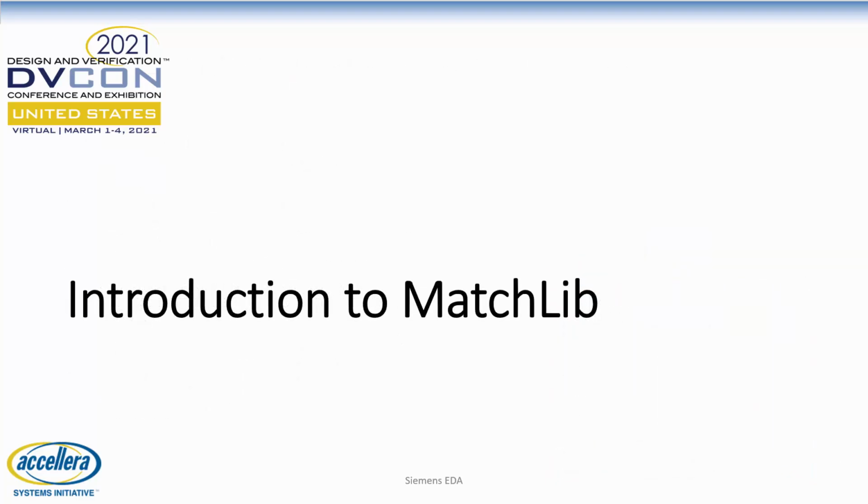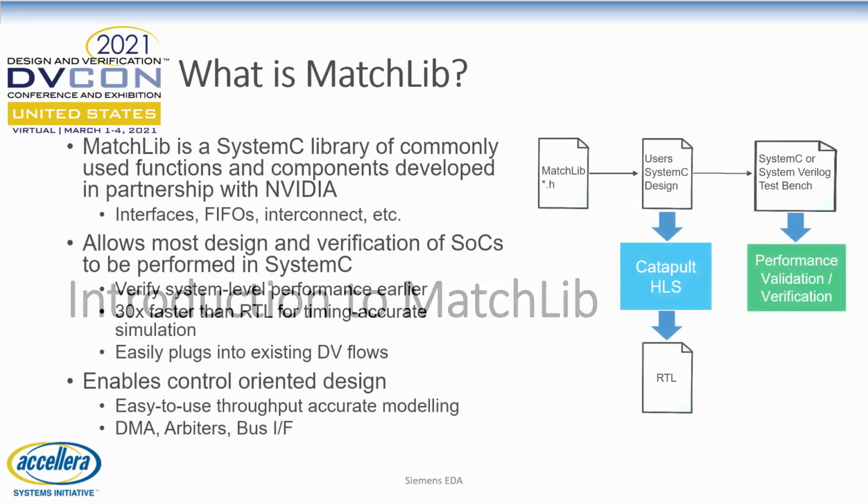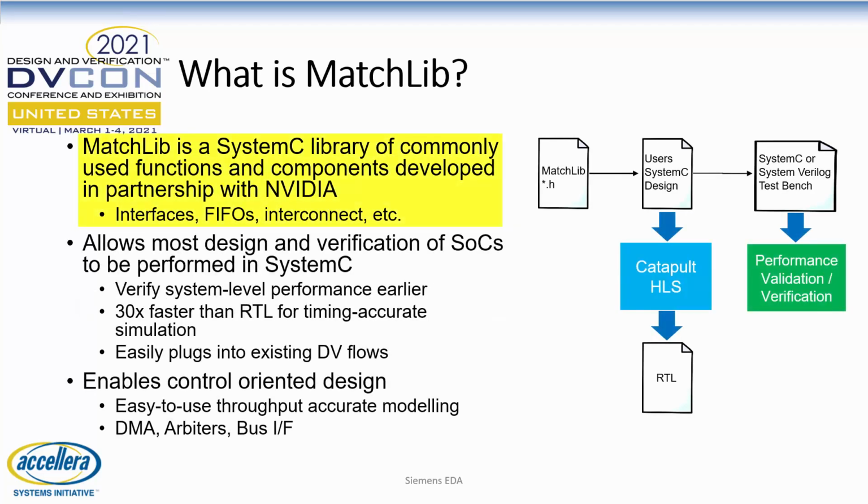We will now cover an introduction to the MatchLib SystemC library. MatchLib is a SystemC library of commonly used functions and components developed in partnership with NVIDIA. This consists of objects such as interfaces, FIFOs, and interconnects. MatchLib allows most design and verification of SoCs to be performed in SystemC.